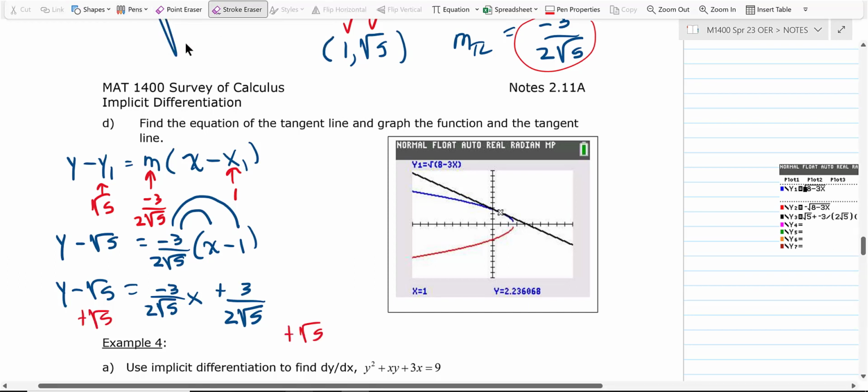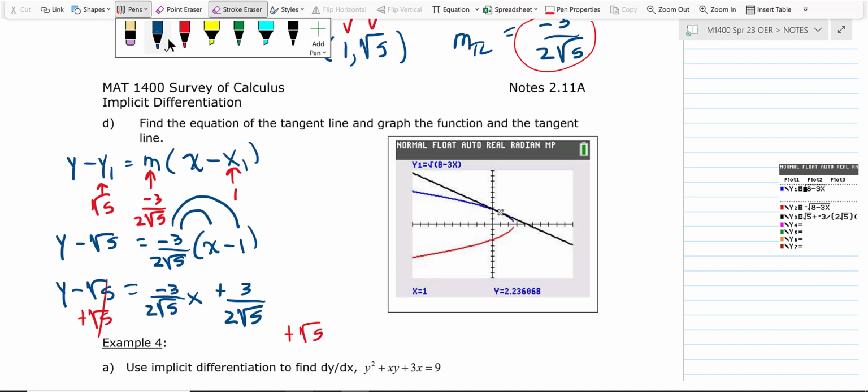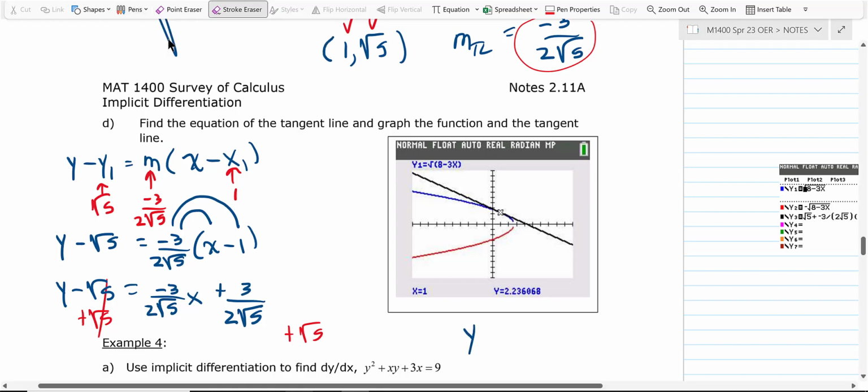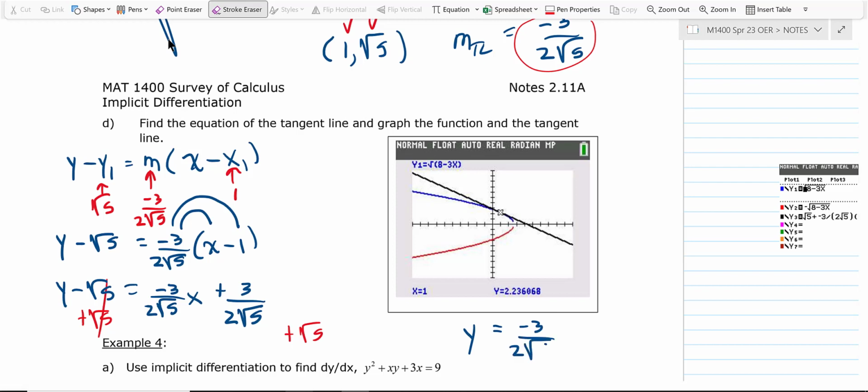All that really does is move the square root of 5 to the other side of the equation, and it changes from negative root 5 to positive root 5. So the equation of this tangent line, and we're not going to take this any further, we'll just write it as y equals -3 over 2 root 5 times x plus 3 over 2 root 5 plus root 5.